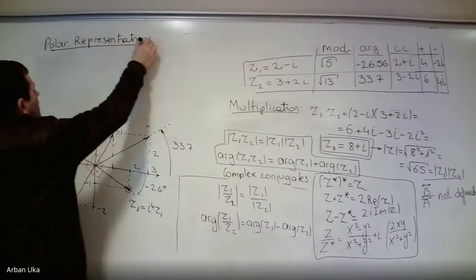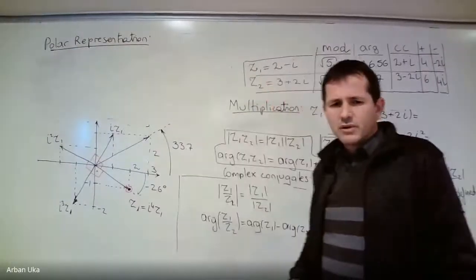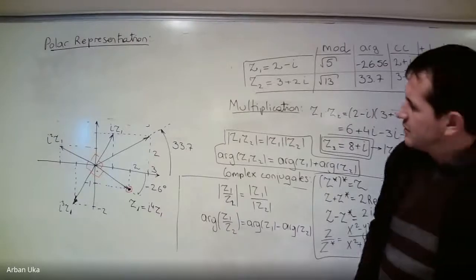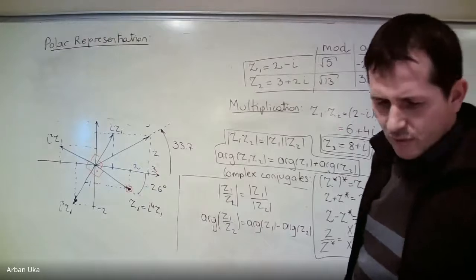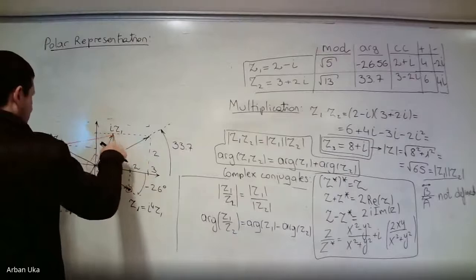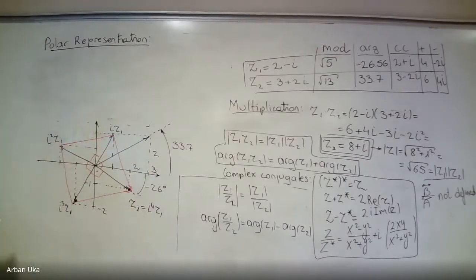So the polar representation, as we said before, the important thing about the complex numbers is that we want to locate them. Okay. For a moment I was a little confused. Anyway, let's come back to our discussion.